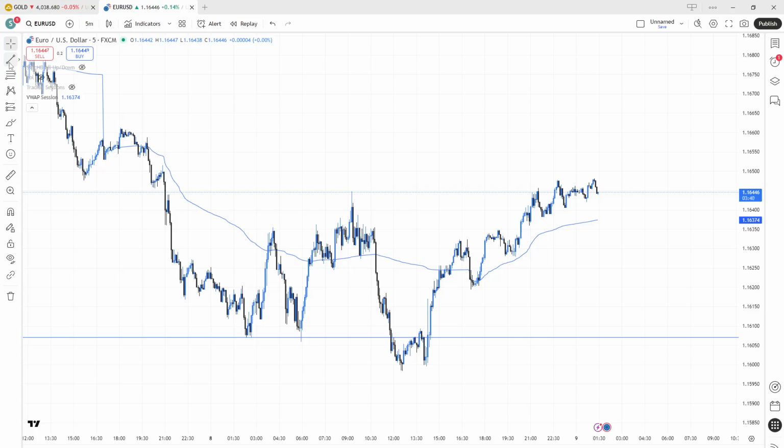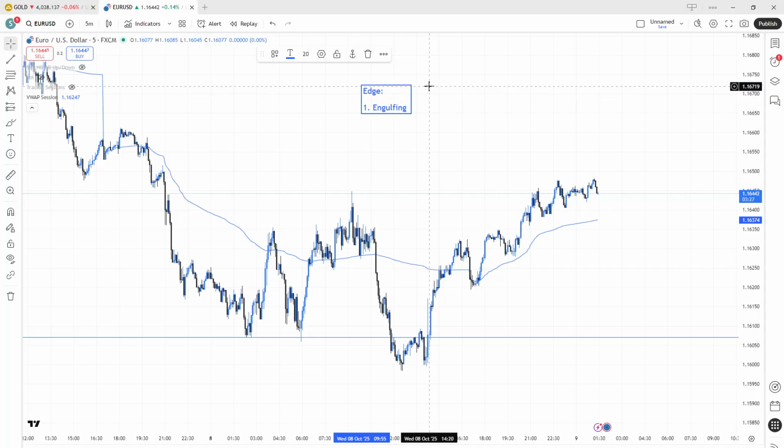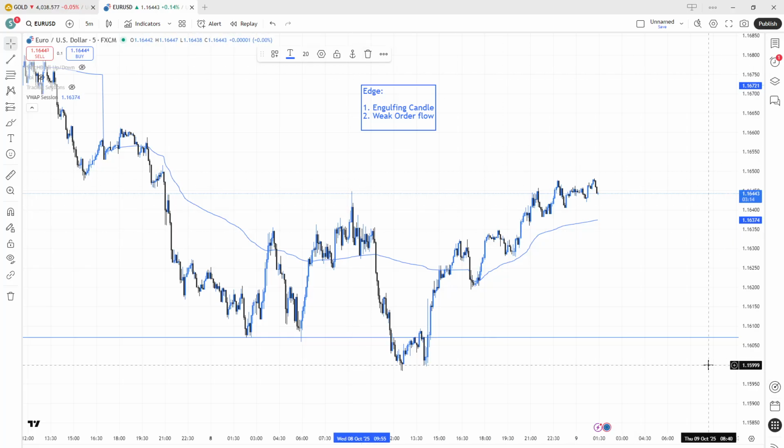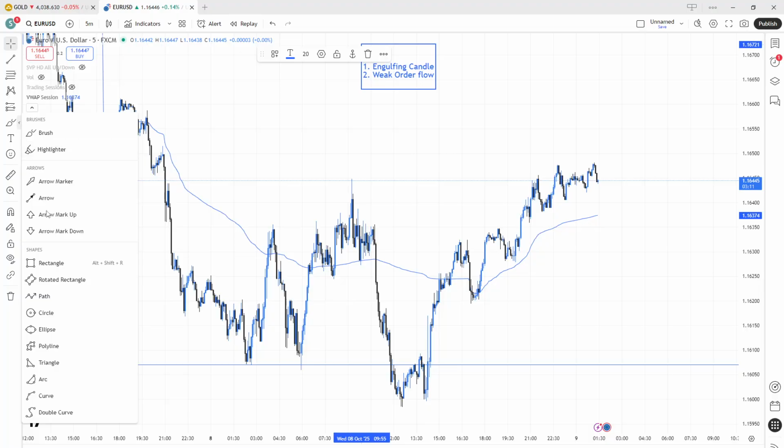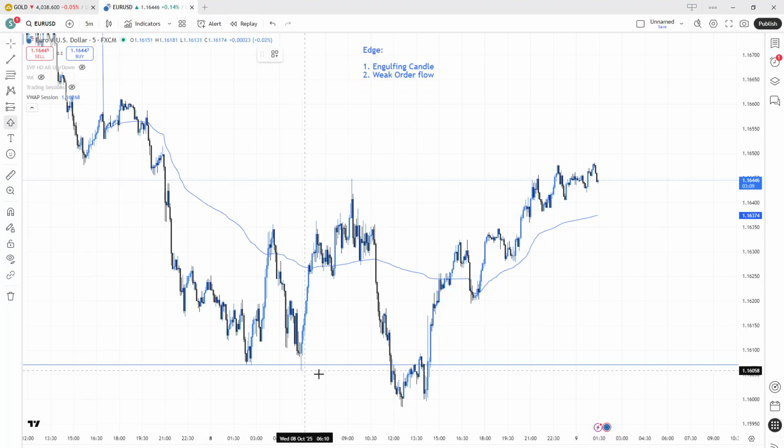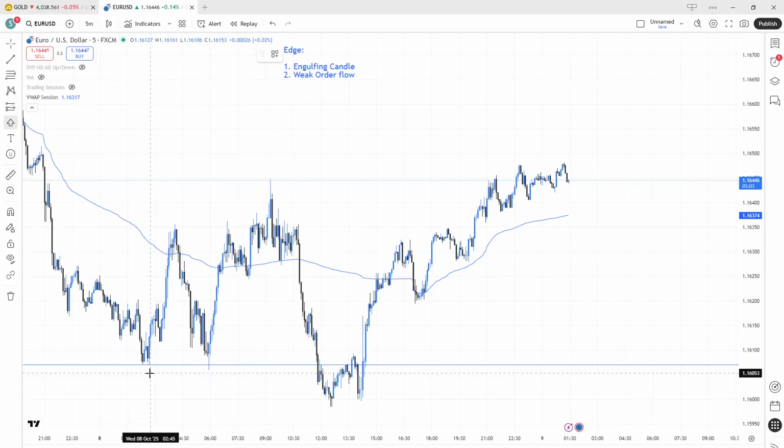First of all, we've got to find our edge, and now I'm going to go with engulfing, and then weak order flow. Do you guys see that engulfing candle on the 5-minute? It's right here.